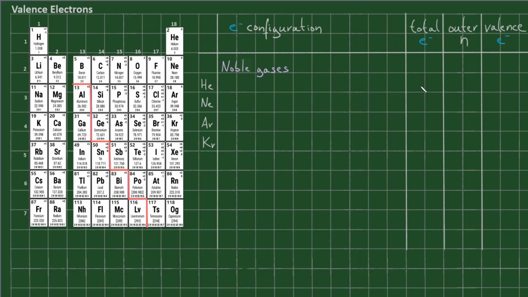Helium has 2 protons and therefore it will have 2 electrons in its ground state. Neon has 10 protons, therefore 10 electrons. Argon has 18 protons, therefore 18 electrons. And krypton will have 36 electrons.